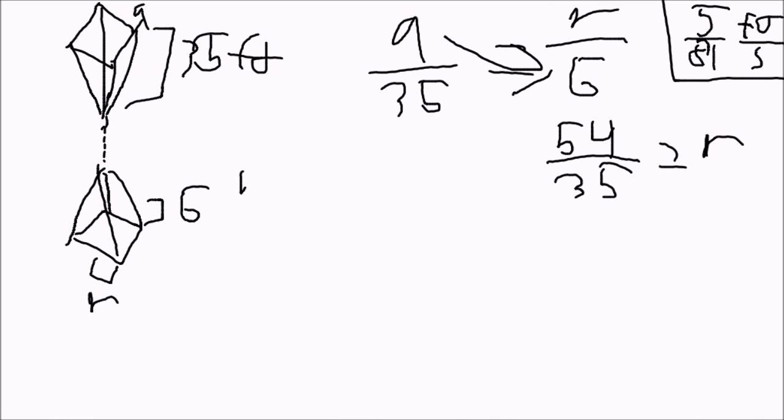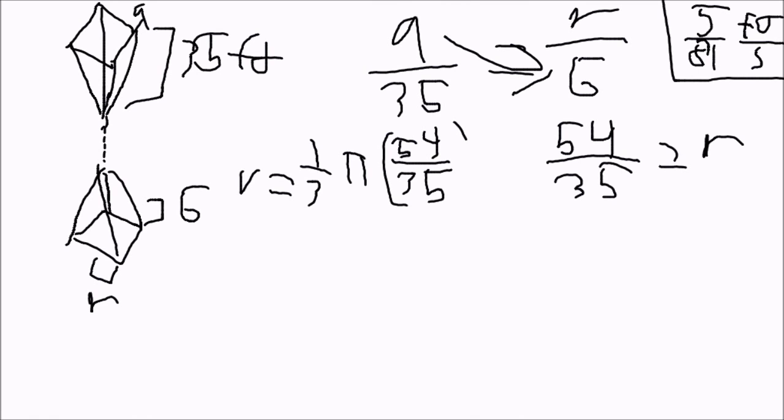To do that, we just need to take this volume, which we know to be 1/3 pi r squared times height. We found r, so that's 54 over 35 squared, and we know that height is 6.